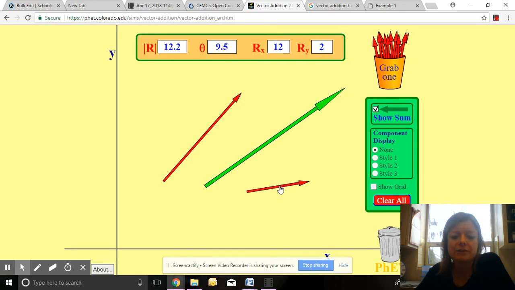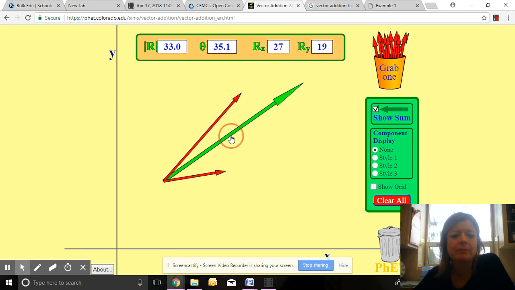But how can we actually find this? Well, there are two ways. One way is to take the two vectors and put them tail to tail. If you made a parallelogram out of those two vectors, so you continued them here and here, the sum of the two vectors is the diagonal of the parallelogram that you can create.